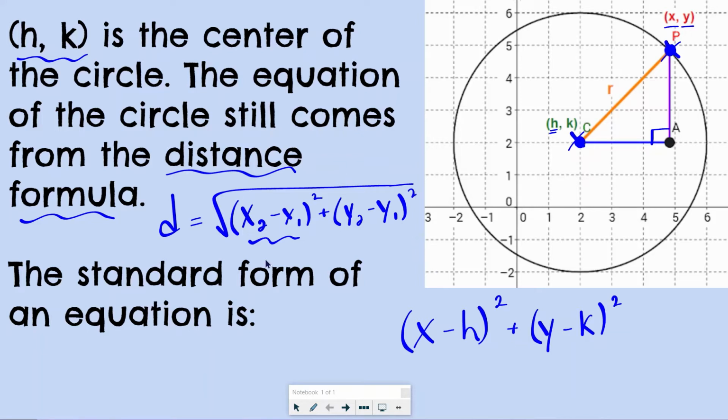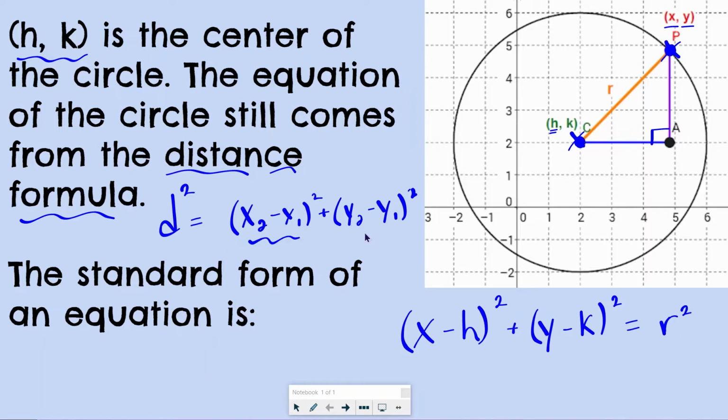And I'm really just plugging into that equation, although I'm going to rearrange that a little bit. I'm going to square both sides of that, because this is the general form of our circle. I'm going to square that just to get rid of the square root. I'm going to square the other side. So this stands for the distance, which in this case is really just the radius. So this equals the radius squared.